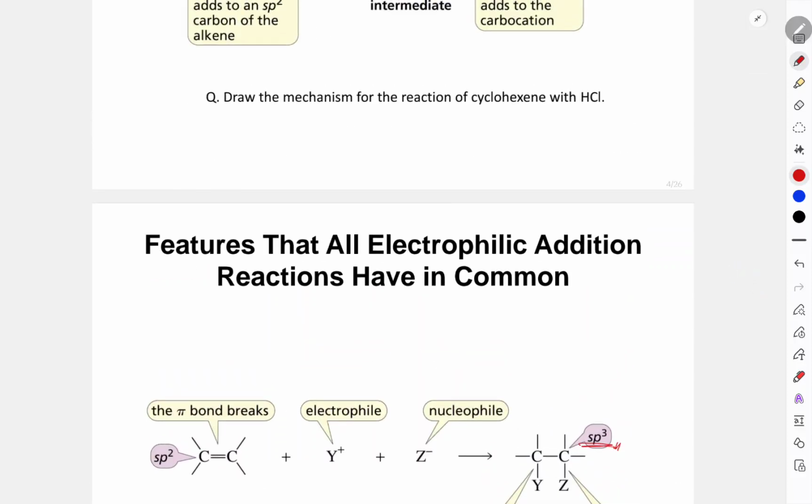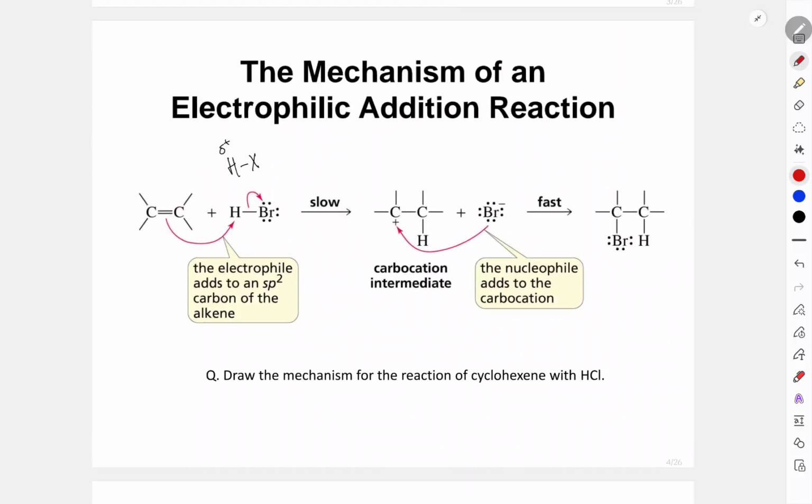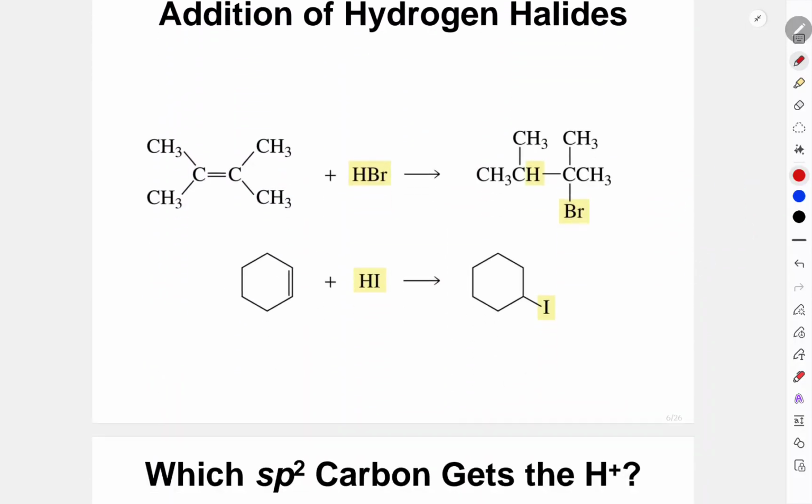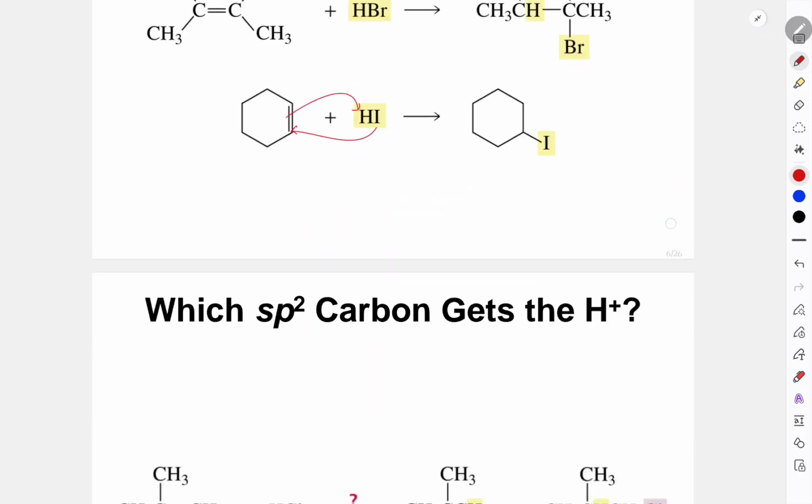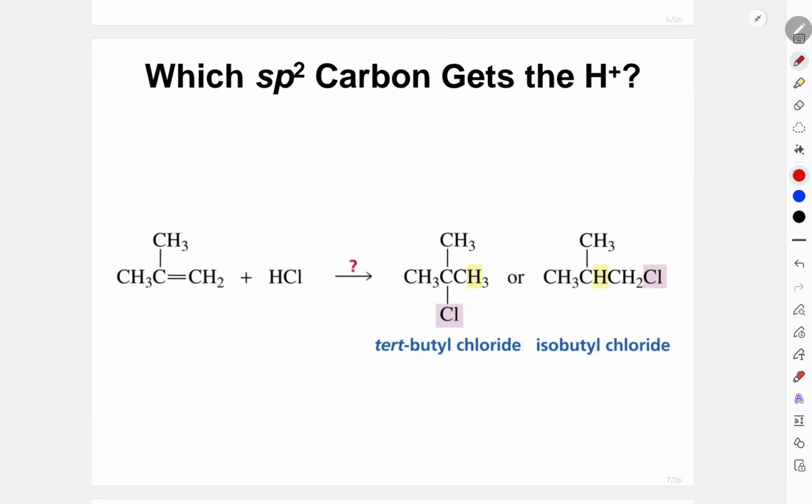But selectivity shall arise. You have a somewhat asymmetric alkene or olefin participating in this addition type reaction. You have the double bond here, but the carbon here and the carbon there are not equal. They are different. And then you have two options after electrophilic addition.